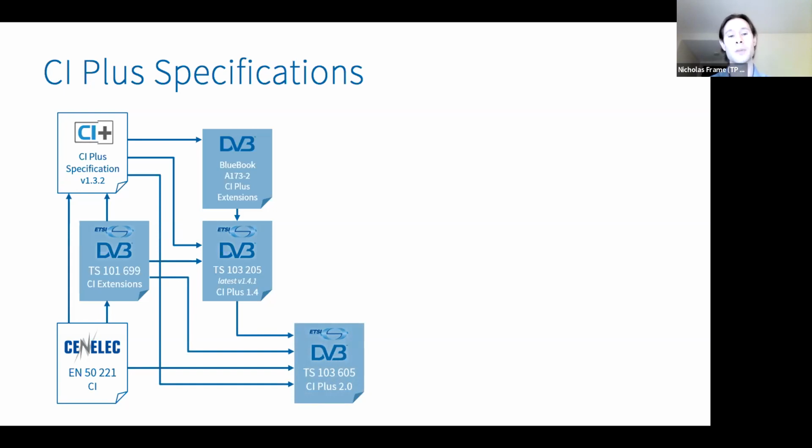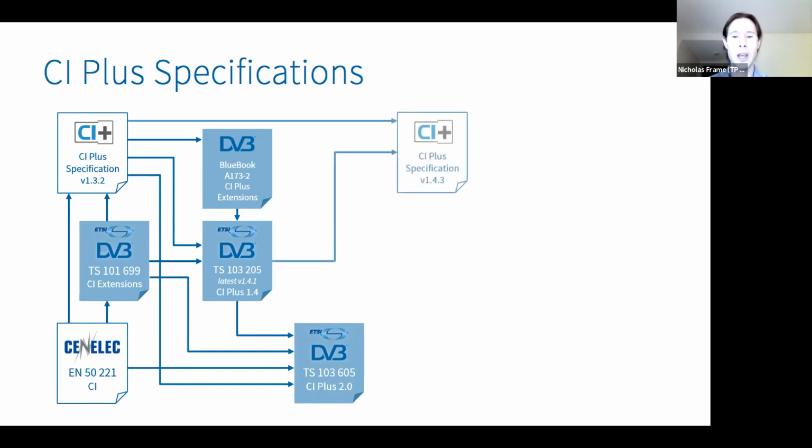In addition to those technical specifications, you also have what we tend to refer to as wrapper specs, published by CI Plus LLP. So these are not defining new features, they're mainly profiling those existing specifications. The first one of those is the mandatory 1.4.3. So any CI Plus device must comply with this profile, this wrapper specification.